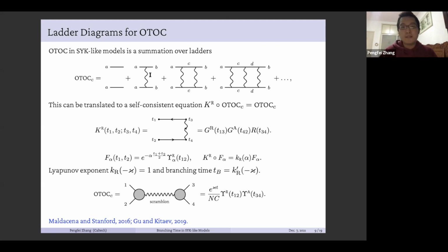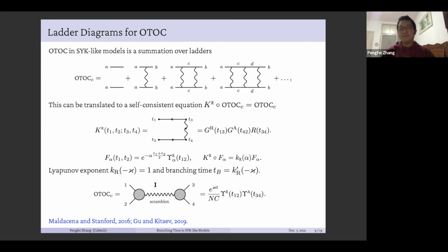In these general cases, there should be some flavor index a for the retarded Green's function and the advanced Green's function, and the rung function is also a matrix in this ab index. Then with the retarded kernel, we can use a very traditional way to determine the Lyapunov exponent, given by the eigenvalue equal to 1, and the branching time is given by the derivative of the retarded kernel.